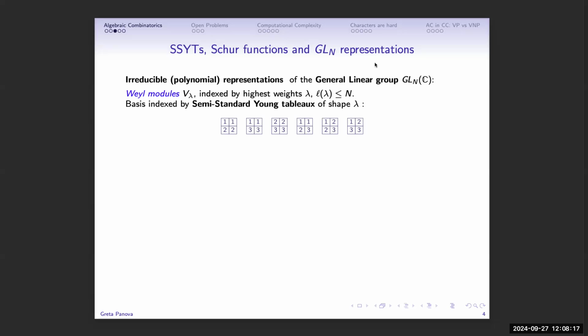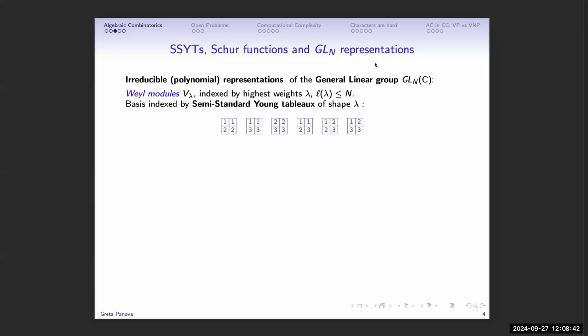This time, these are called Weyl modules. They're indexed again by partitions, but here they're called highest weights because the size of these partitions can vary. The only thing that is restricted is the number of parts. And they can be indexed by a generalization of the standard tableaux, which are the semi-standard tableaux.